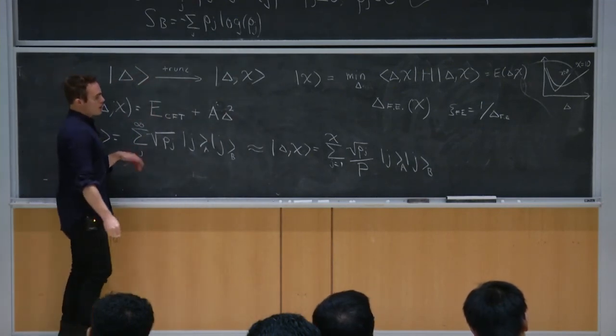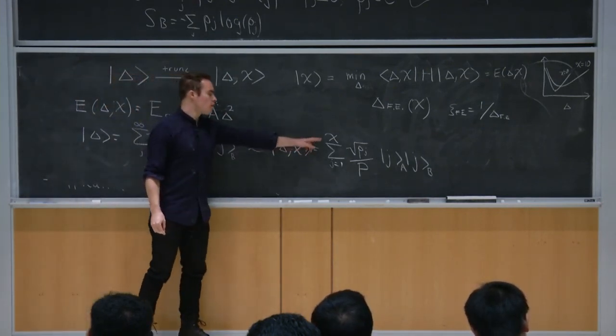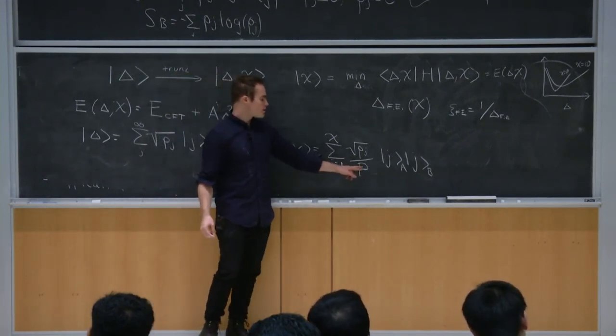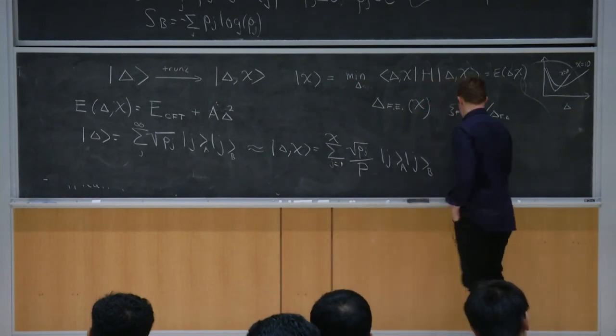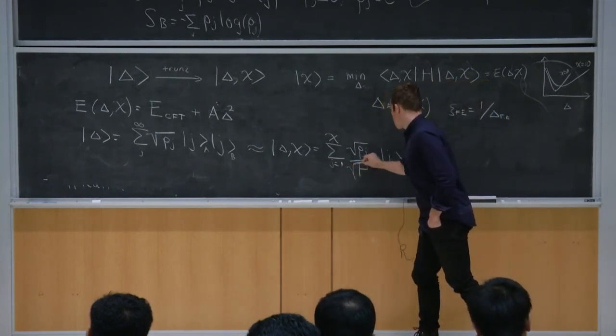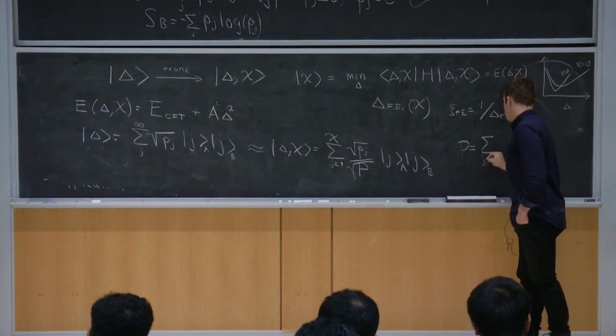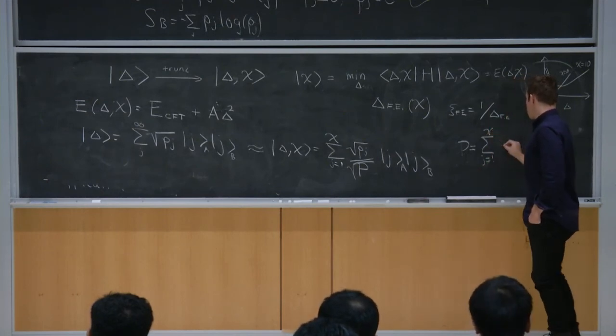So I sort of mock up what an MPS does, which is you just throw away the small entanglement eigenvalues, but then you need to renormalize the state by square root p, where p is the sum of j equals 1 to chi of pj.